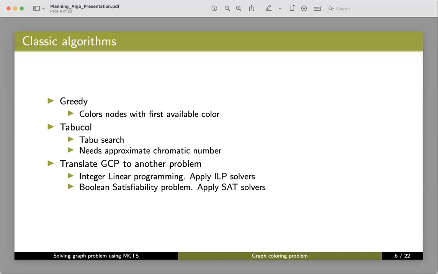As well, it discourages the search from coming back to a previously visited solution twice. As well, we can translate our graph coloring problem to other problems, like we can implement integer linear programming or Boolean satisfiability problem solvers.